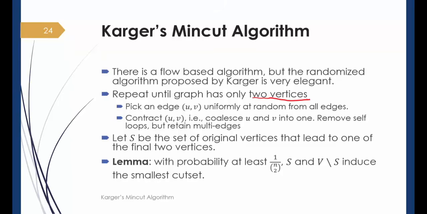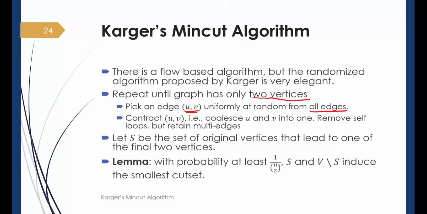In each iteration we pick an edge u v uniformly at random from all the edges that are currently in the graph. And once we pick an edge, we contract that edge.